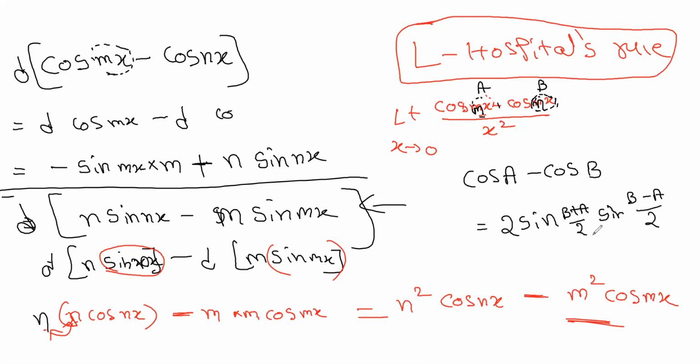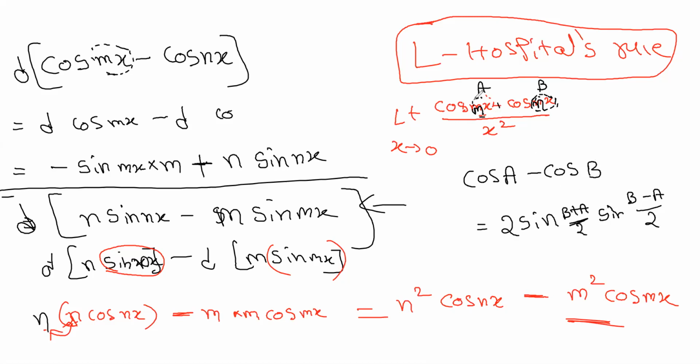I can write it as A plus B by 2 also, but just for the remembrance of B minus A, I am writing B plus A by 2. These are called the compound angles. Cos A minus cos B, we can write as 2 sine of B plus A by 2 sine of B minus A by 2.